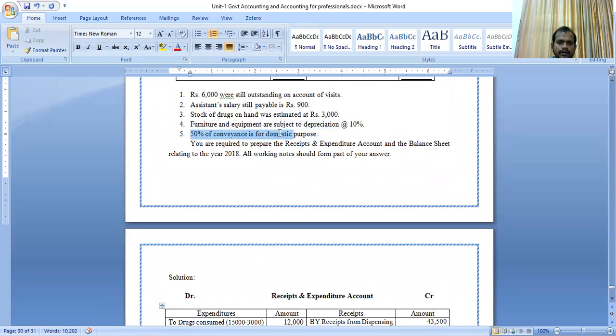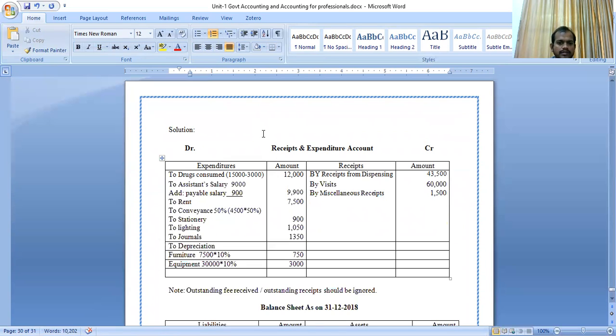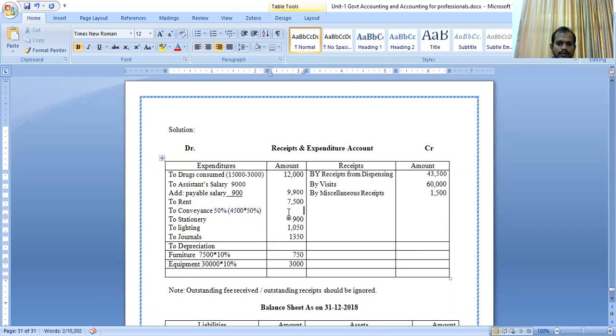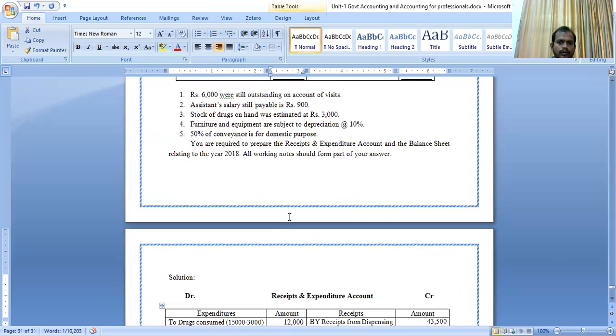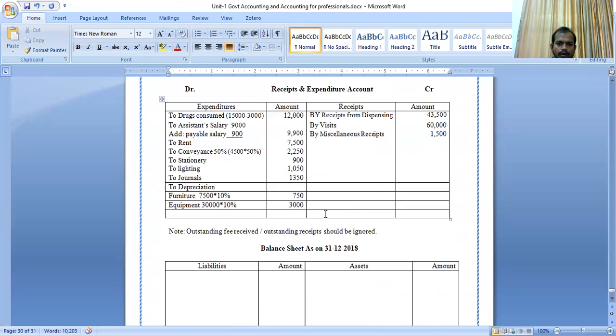So 50% of conveyance is for domestic use. In the sense, the remaining 50% belongs to the profession. So 50% conveyance comes around 2,250. So we have recorded all the transactions.